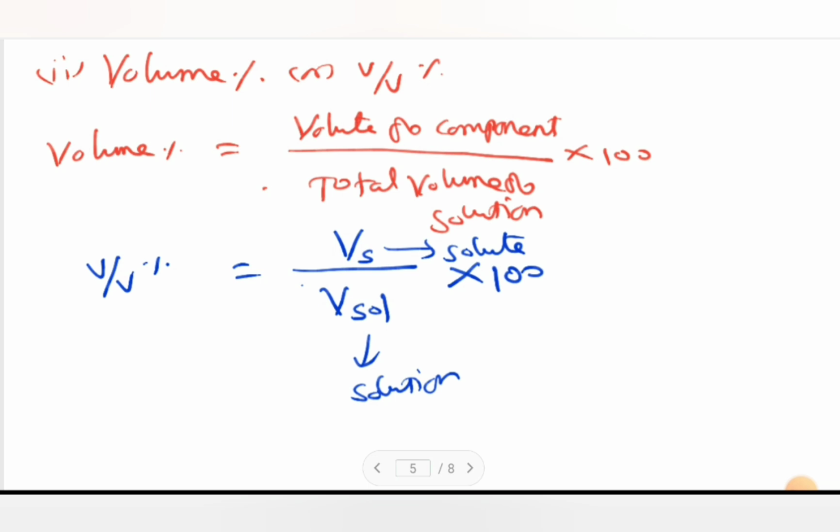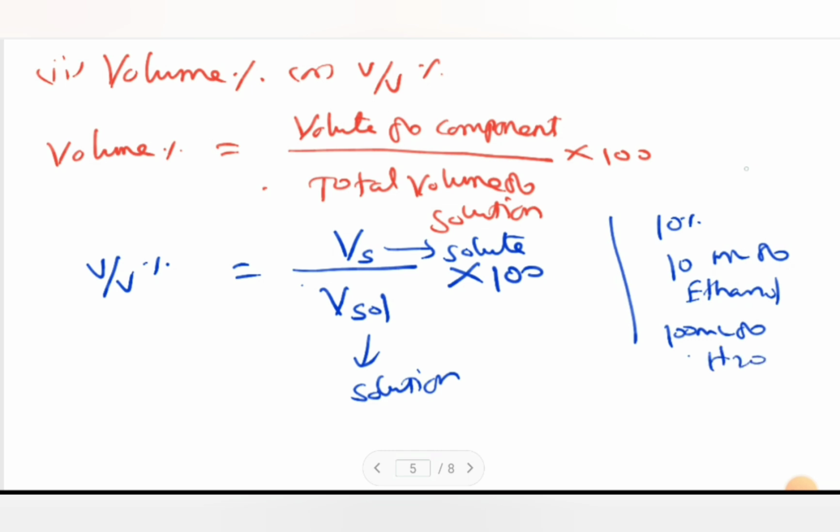Even for alcohol solutions, they mention 10% of ethanol, or 20% of alcohol, which means that it has 10 ml of ethanol in 100 ml of water.